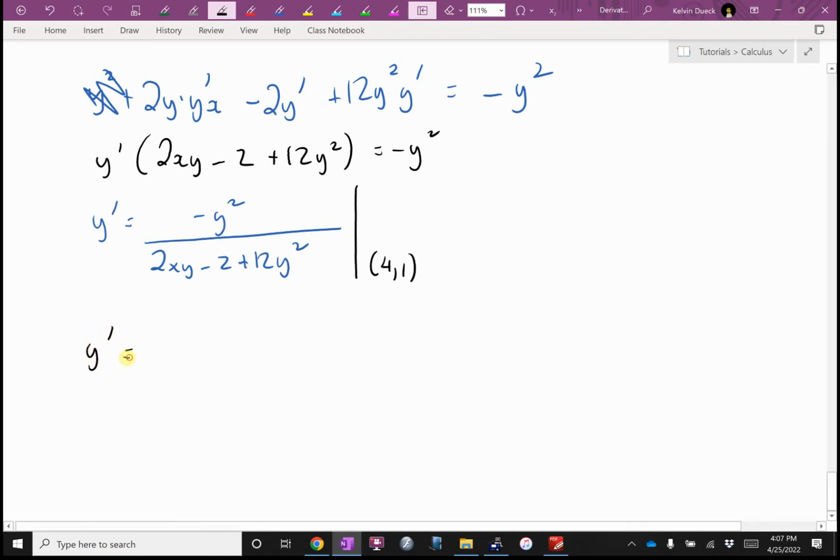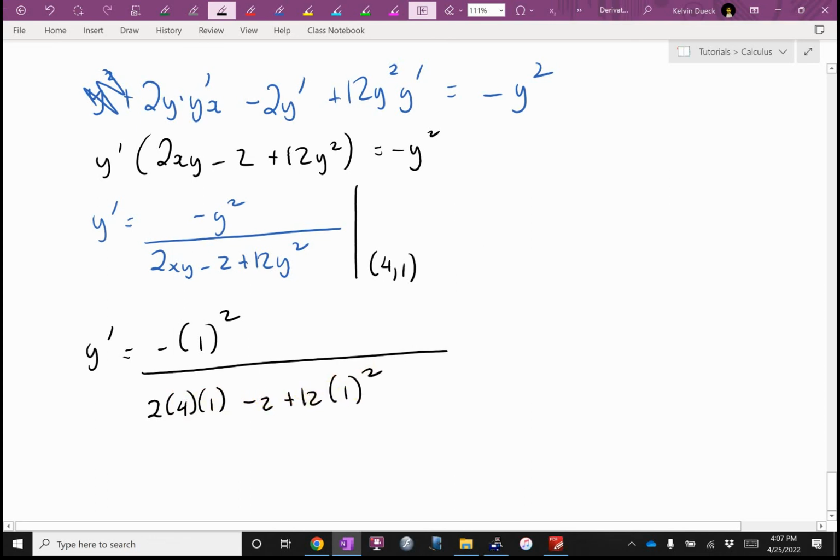Y prime is negative 1 squared all over 2 times 4 times 1 minus 2 plus 12 times 1 squared. In your head, what's 1 squared?